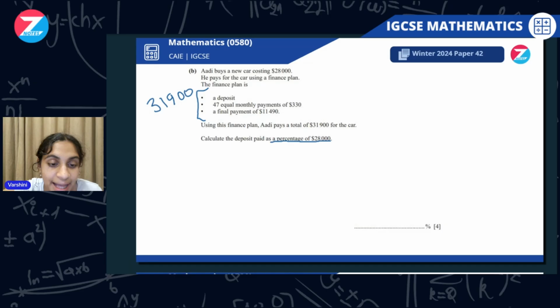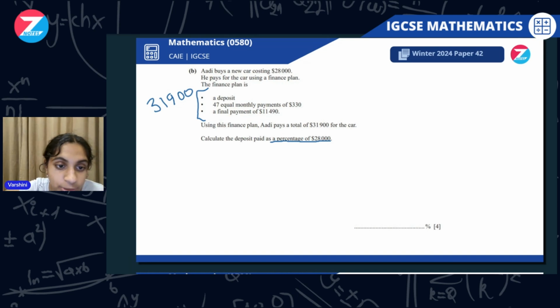So first, we need to calculate the deposit paid. So we know that this plus this plus this is equal to this, 31900. So to calculate the deposit, we're just going to have to subtract these two from 31900.